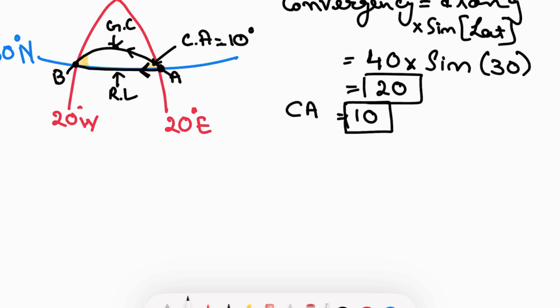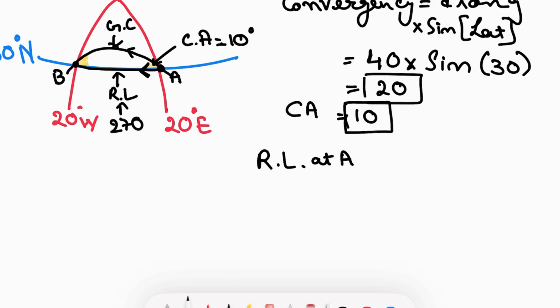Now if we want to find out the rhumb line, the rhumb line at A is the parallel of latitude 30 degrees north, going from east to west, so it is going in the west direction. West direction is always 270, right?